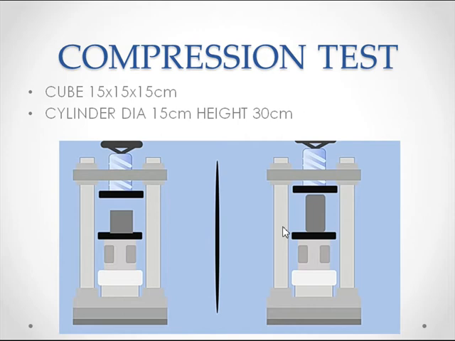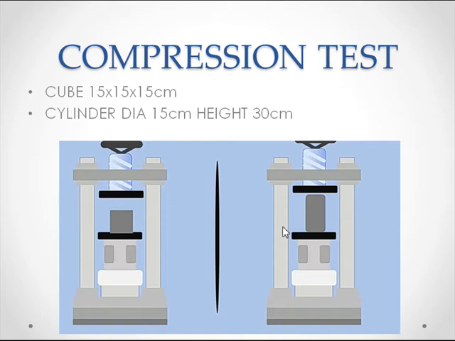Then at some load the concrete specimen is going to fail. That load is calculated. Then the compressive strength is calculated by a formula. Compressive strength is equal to load divided by area will give you the compressive strength of the concrete. So this is about the compression test.